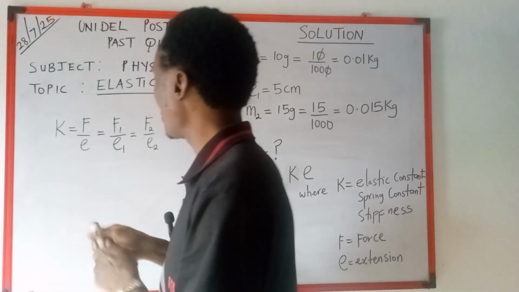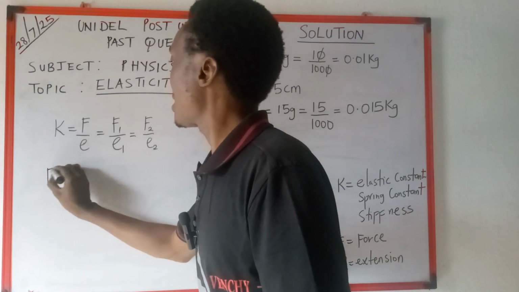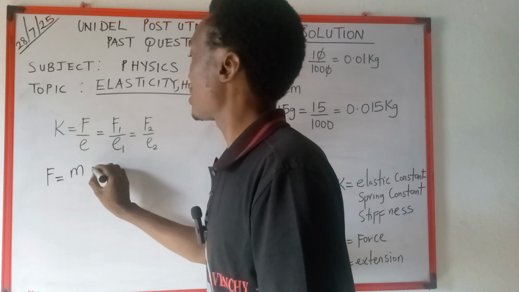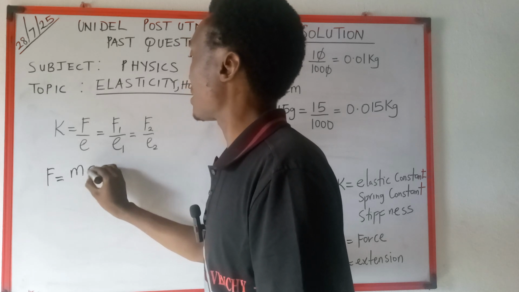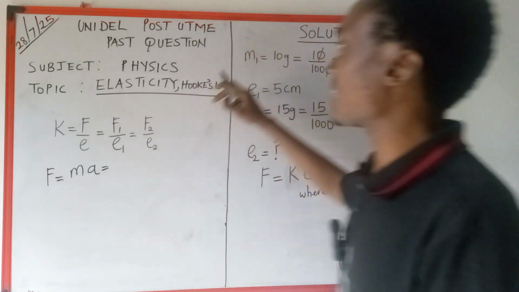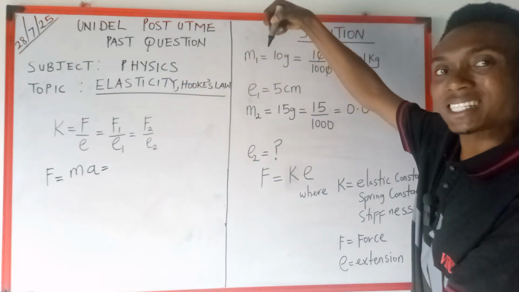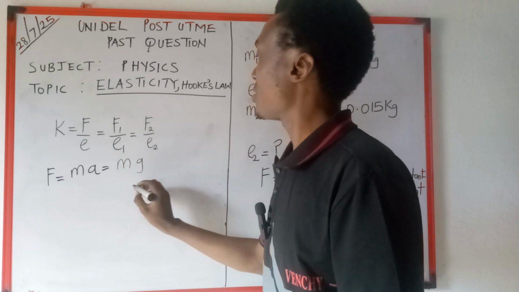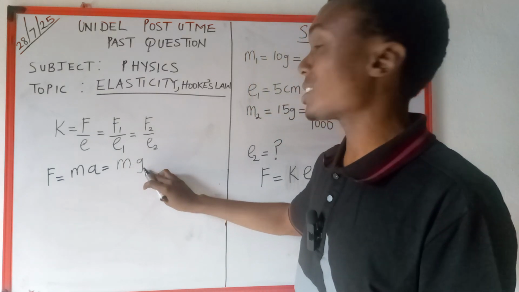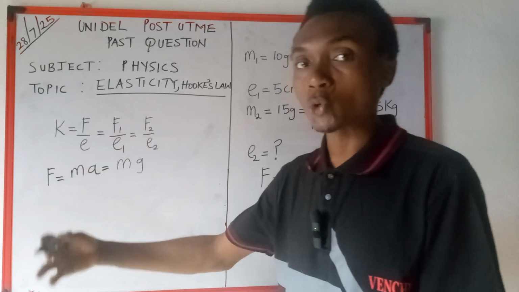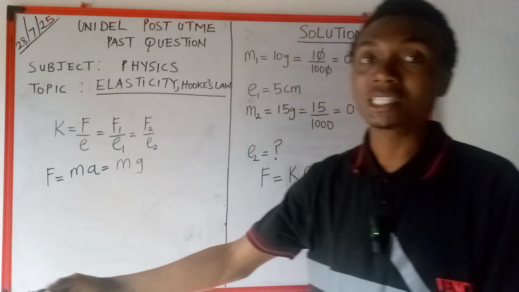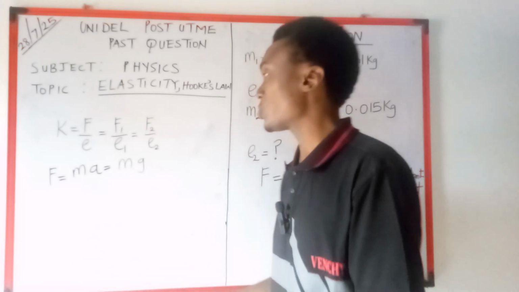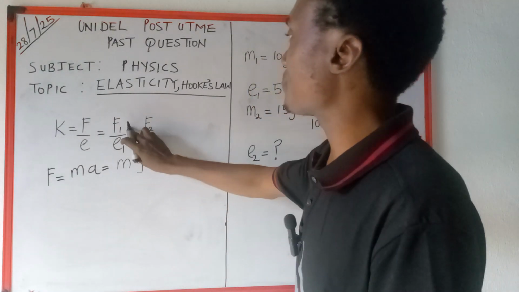From physics, we know that force is mass times acceleration. Since we are talking about a spring balance acting downward, we are free to say mg, where g is the acceleration due to gravity, a constant given as 10 meter per second square. So let's start with the first, F1.